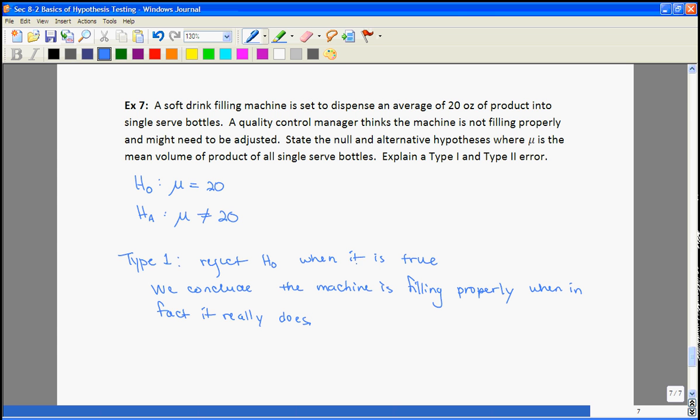So type 1 in the context of this problem is saying we do all of our calculations and we're saying, oh, no, it's not filling properly. And maybe we have a tech come out and fix it and do all these adjustments, when in fact maybe it really was filling at 20 ounces and we just made an error in our calculations or something went wrong. So that would be an example of a type 1. We make the wrong conclusion when H naught is really true.